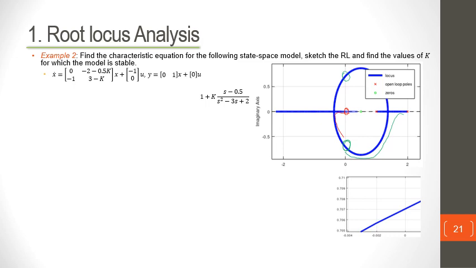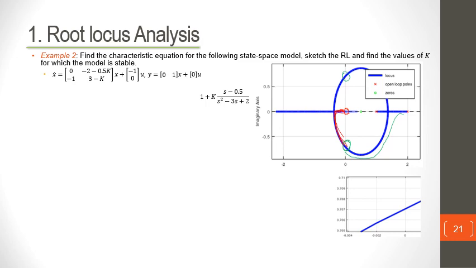So the range of k values that we are looking for are these k values that place this particular pole here in the left half plane, because it will move from the right to the left, and then as we increase k, it will proceed to move to the left and then come back to the right again.